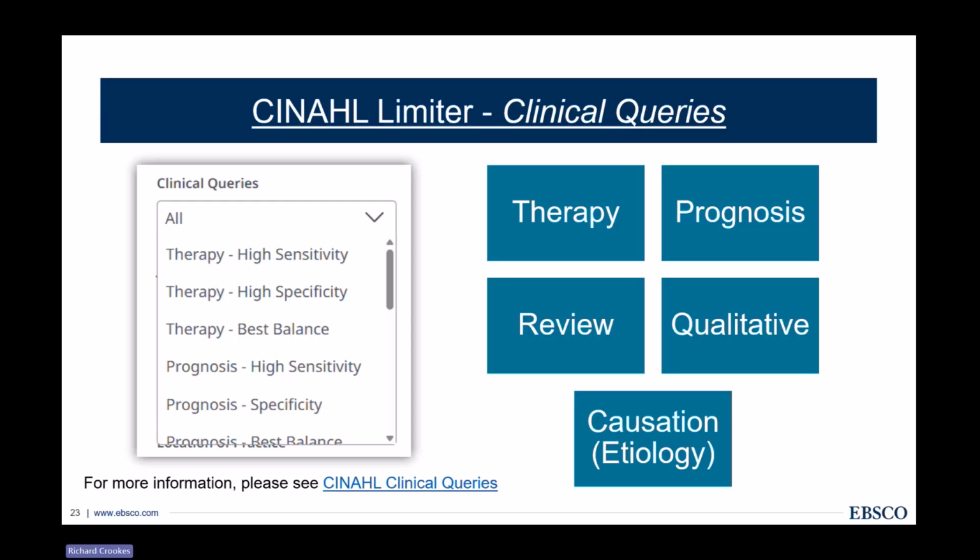So you see the example there from the drop-down menu where it gives you the specific area covered, and then you see the 3 strategies that can be applied. So high sensitivity, specificity, or best balance between them. Okay, so there are those 5 areas for CINAHL.